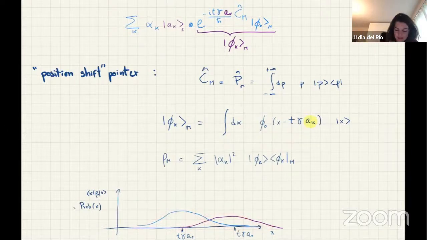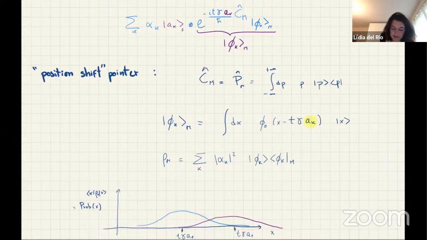So what's here is the position x of the pointer at the end. And overall, what we have is the probability of finding the pointer at a given x, which will be something like this, right? Where this peak corresponds to outcome A0, and this peak corresponds to outcome A1 on the system.